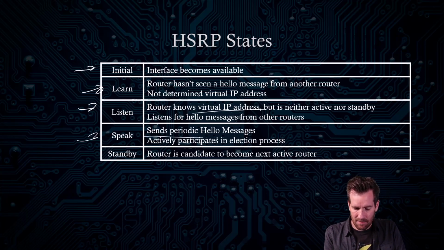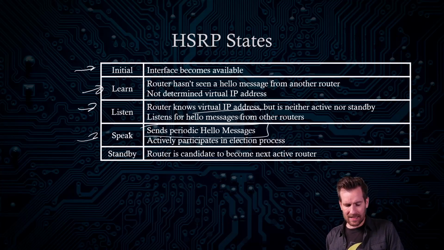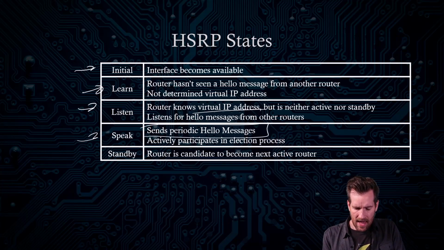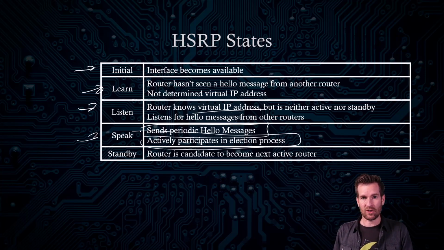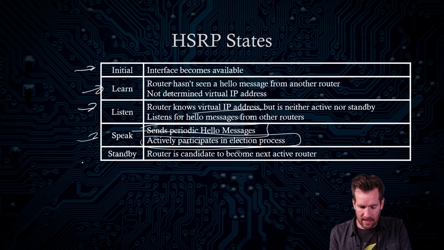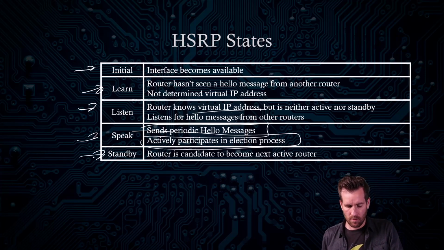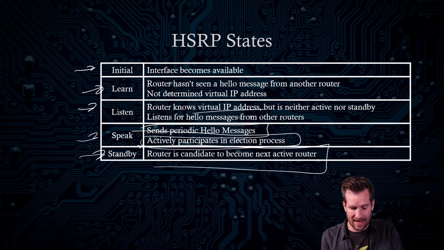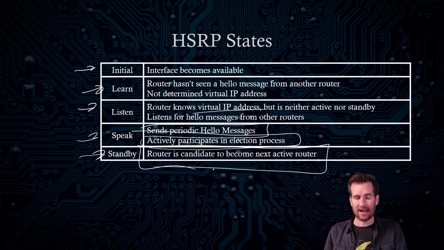It starts sending periodic hello messages, and it actively participates in the election process. Of course, if there's another device that's already been up and running, then it's going to be a standby. And then we get into the standby mode where the router is a candidate to become the next active device, but is not necessarily the active one.